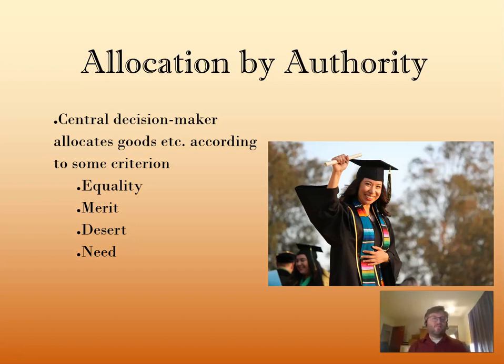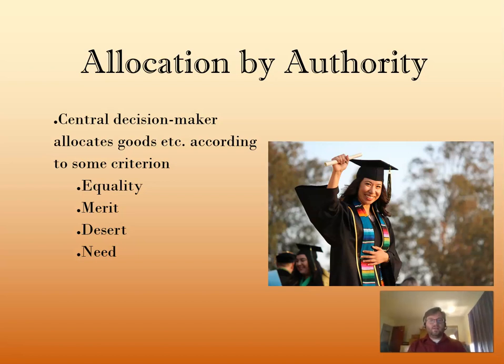What thing merits getting this good? The decision maker can come up with all kinds of different things. You can get sometimes very dysfunctional societies if that merit criterion ends up being something that bears no real relationship to the good being allocated.